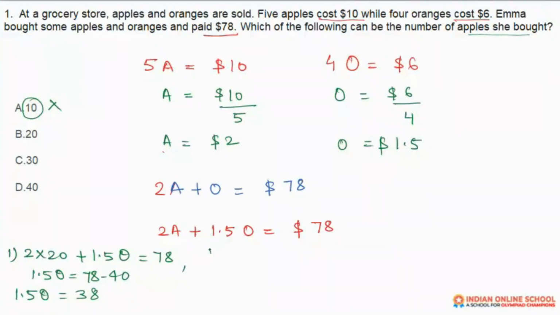To figure out the number of oranges, we divide 38 by 1.5, and we get 25.33. Again, the number of anything cannot be in decimal, so we cannot take 20 as well.